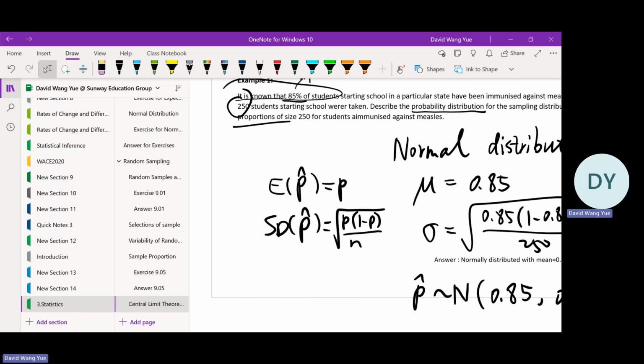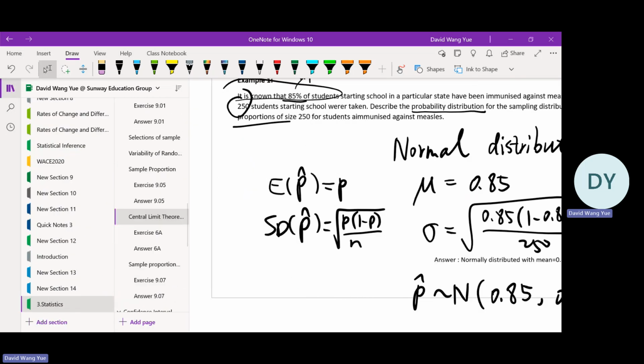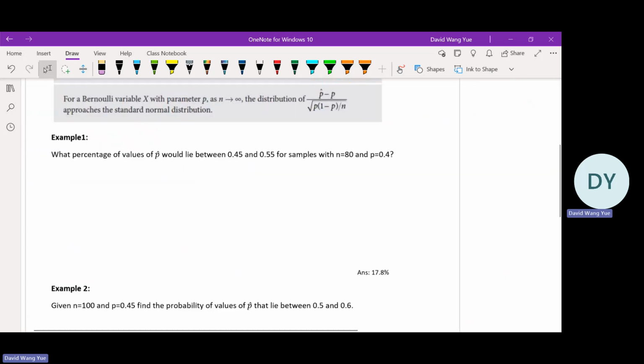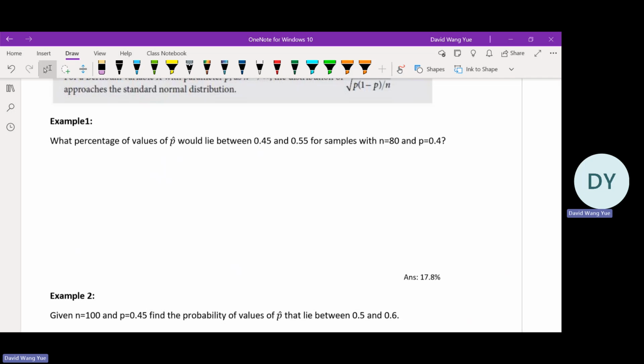After we know p hat is normally distributed, we may need to solve a question that asks about the probability for p hat in an interval. Like this one: what percentage of values of p hat would lie between 0.45 and 0.55 for a sample with n equals 80 and p equals 0.4?